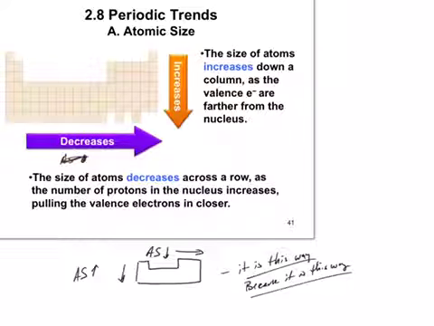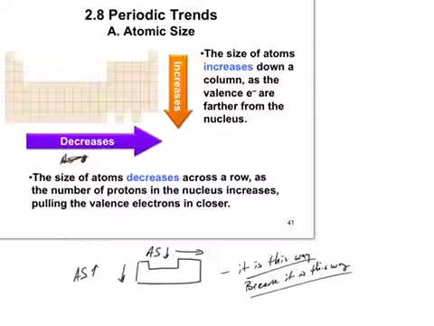The atomic size going up as you go down a family is pretty simple to explain because of the value of n. We remember the value of n, the bigger the value of n, the farther away the electrons are from the nucleus. Therefore, the bigger the atom. But as you go across a period, the size decreases.